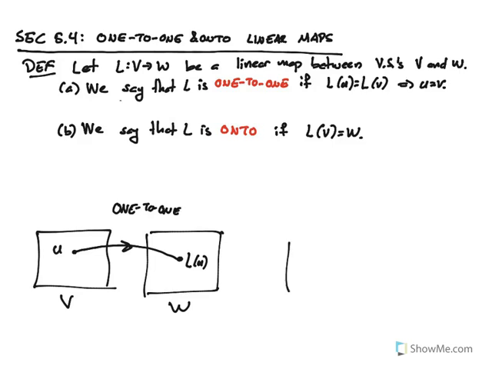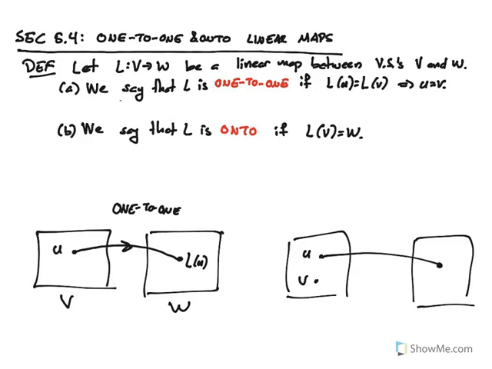The opposite of that would be if you have a situation where you have two different points that both map to the same point. So if L of U is equal to L of V for two different vectors, then this would be a map that is not one-to-one.